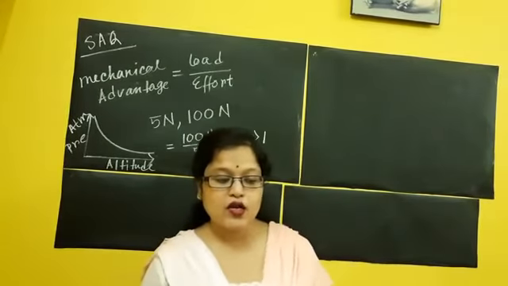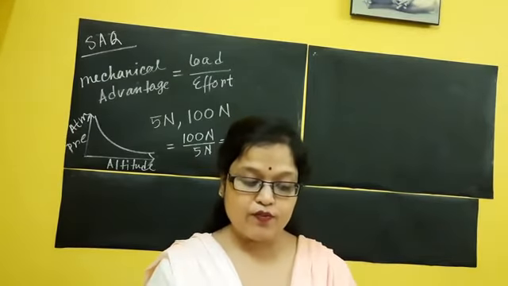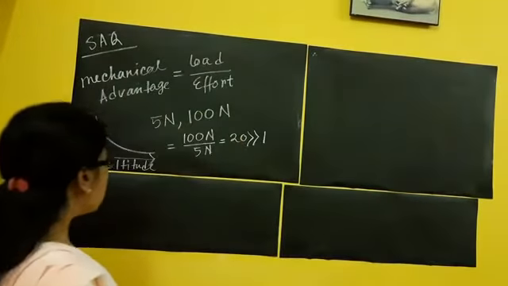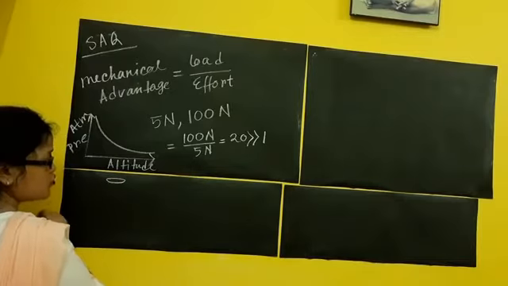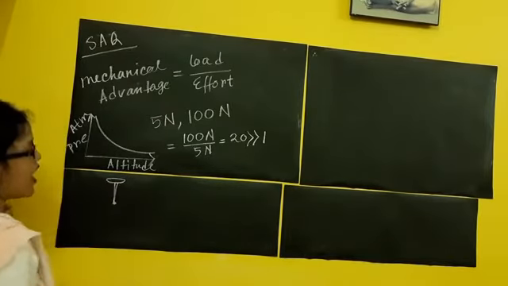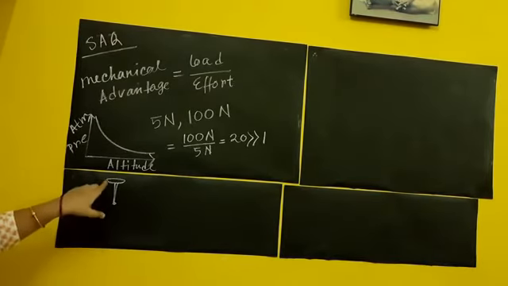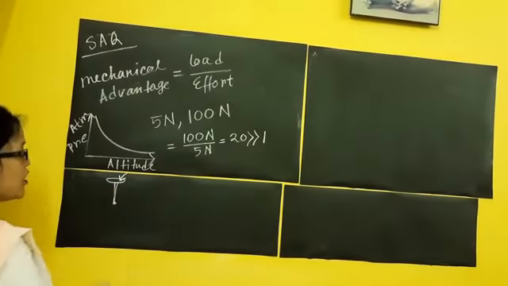Next, question number 7: why is the tip of the pin made sharp? If I go through the structure of the pin, this is the topmost part and this is the lower part. The tip of the pin, as you can see, is always made sharp compared to the upper surface. Why? Because force is given here.